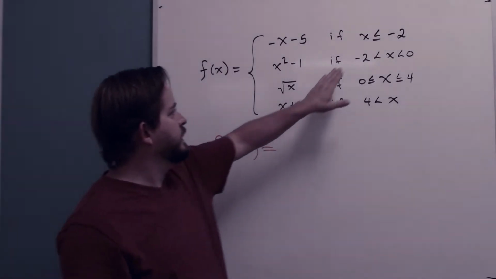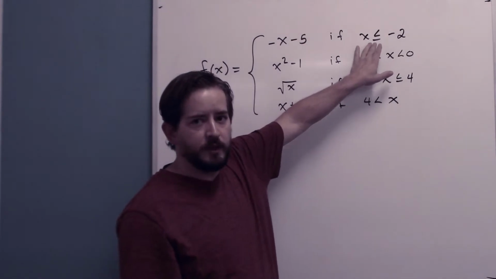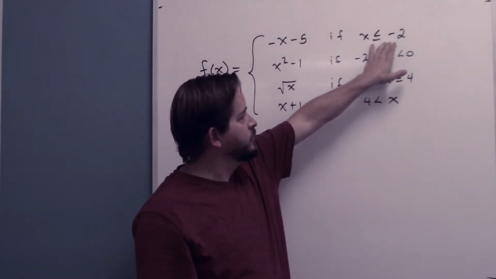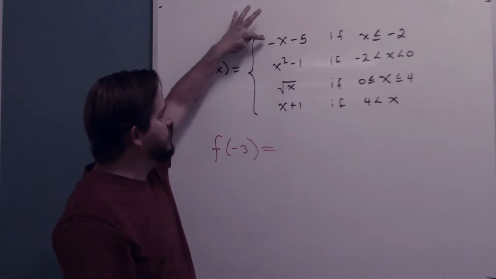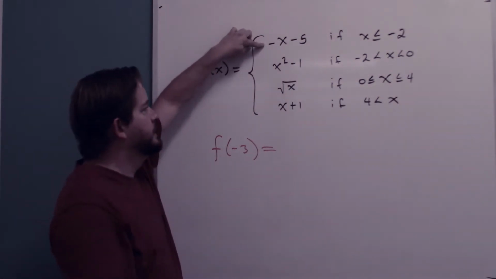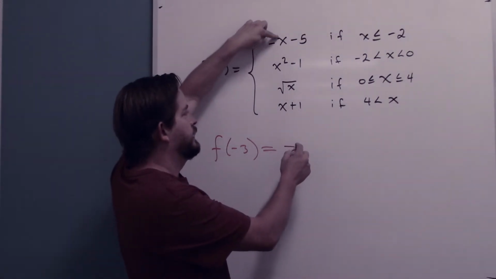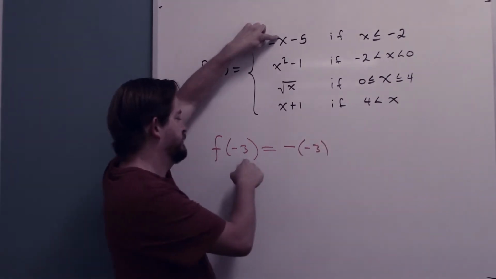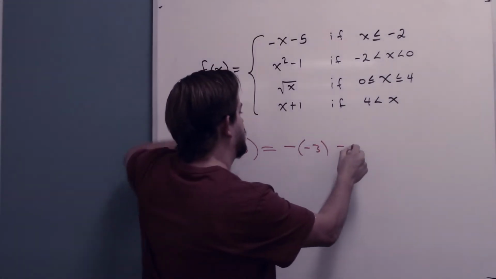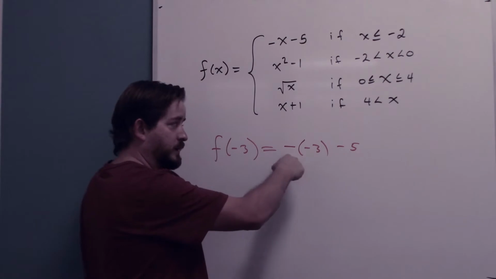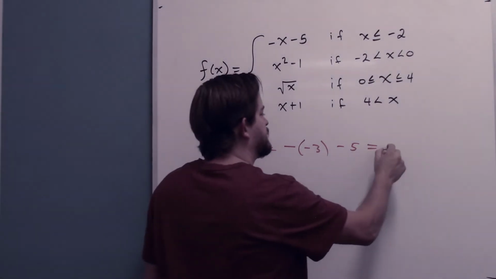This -3 is up here. -3 is less than or equal to -2, so it fits this criteria, and I plug it into this piece of the function. So this would be negative x, where x is -3, minus 5, which is +3 minus 5, which is -2.